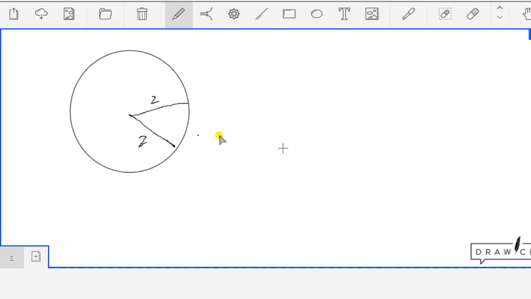This is also 2 centimeters, and this is also 2 centimeters. So arc length by radius is 2 centimeters by 2 centimeters, right? We divide this, we get 1, so we get 1 rad.